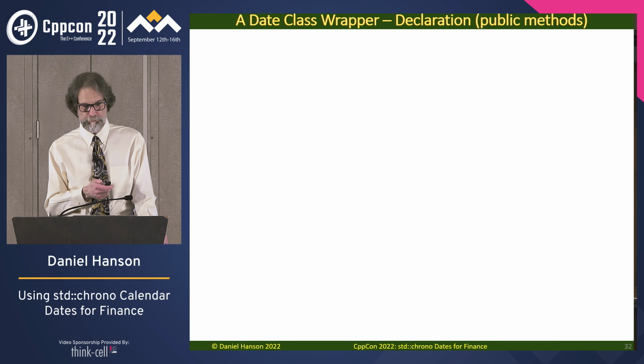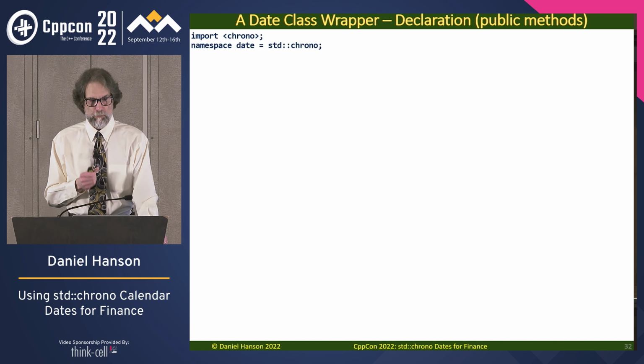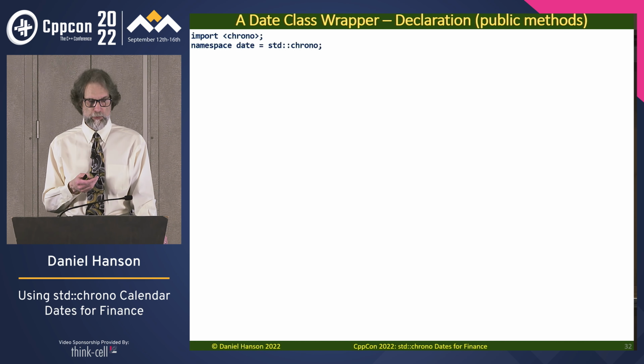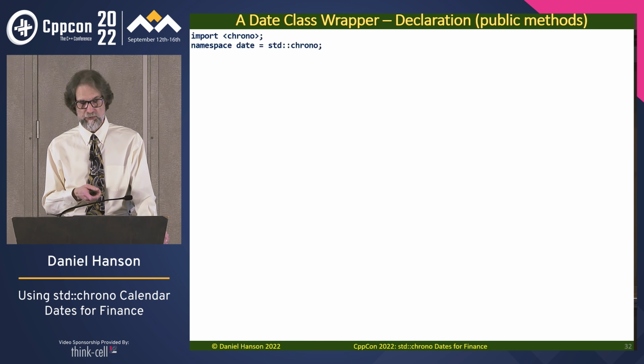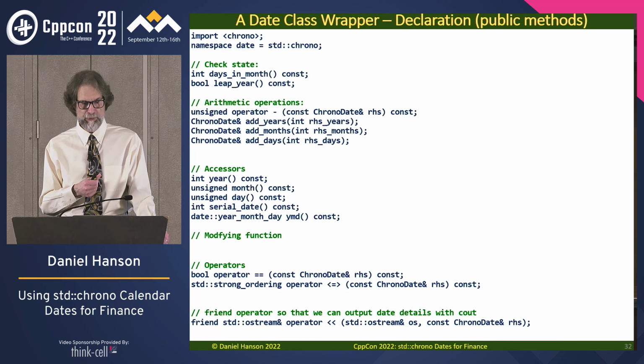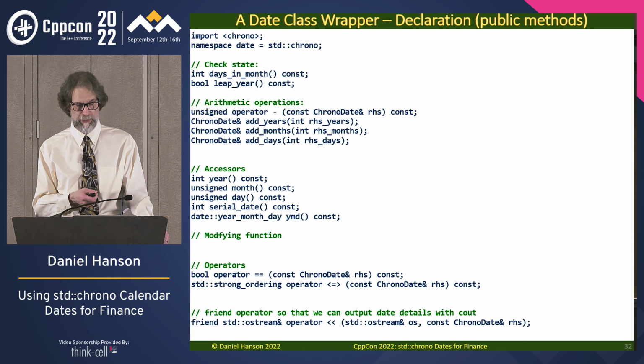Again, you need to import or #include the chrono library, and I'm just going to use a namespace alias here to make things a little simpler. So if we look at the declaration of the public methods, I've just put into the declarations what we had on the previous page. So it should be pretty self-explanatory.